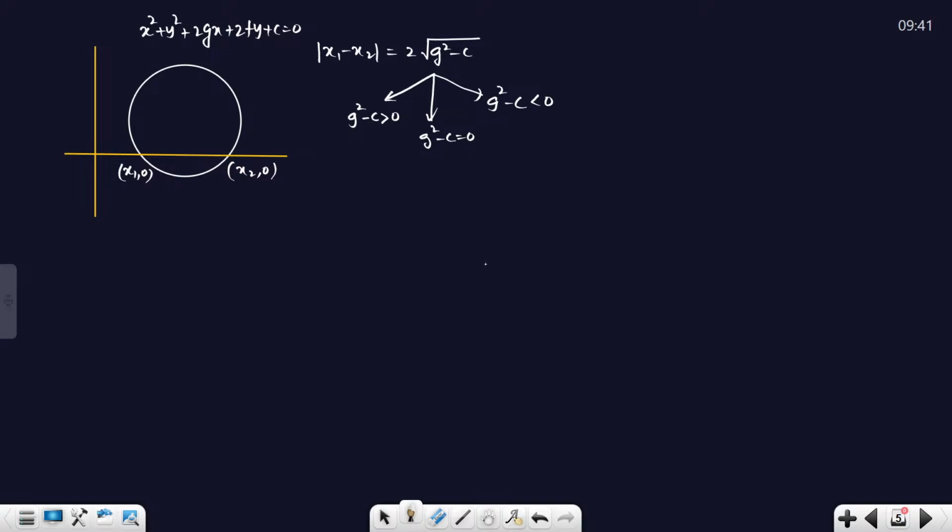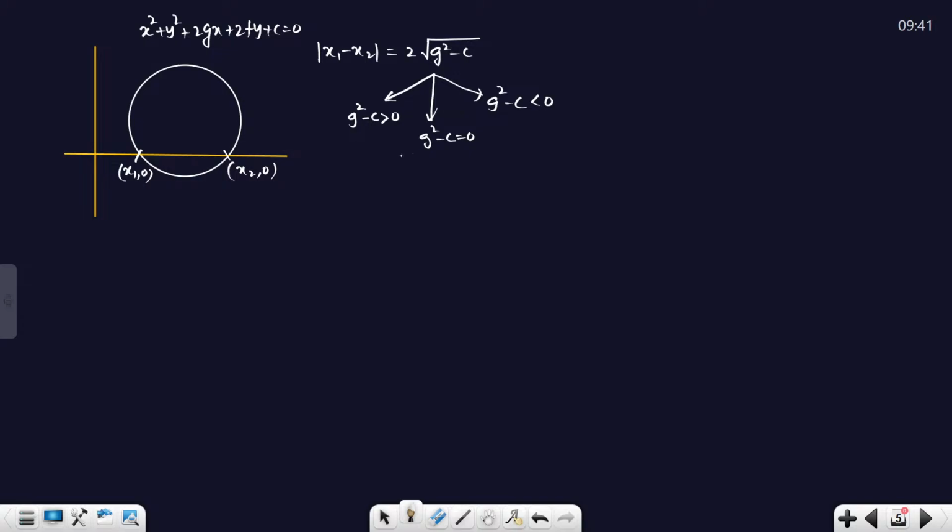Is it clear? Now, when g square minus c is greater than 0, then we are confirmed that there will be an intercepted length. That is, the circle has intersected the x-axis.